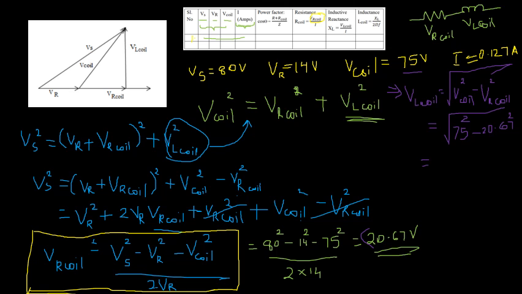If I calculate this, we obtain the value of 72.09 volts. So VL coil, you can substitute as 72.09 for the first case.